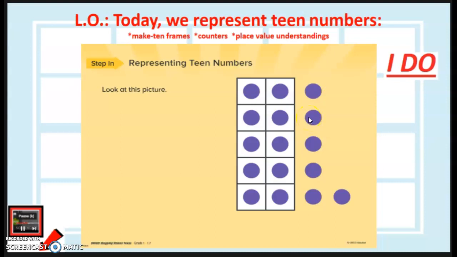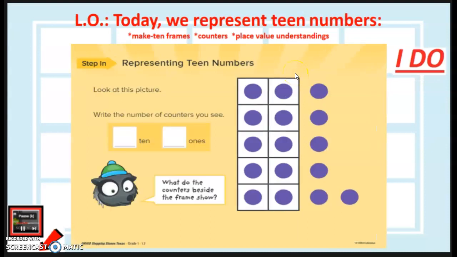Now look at this picture. I know I have a Make 10 filled. Well, how can I start? Well, think about that count on. Think about it, and then let's get started. Well, again, if I'm counting on from 10, 11, 12, 13, 14, 15, 16.